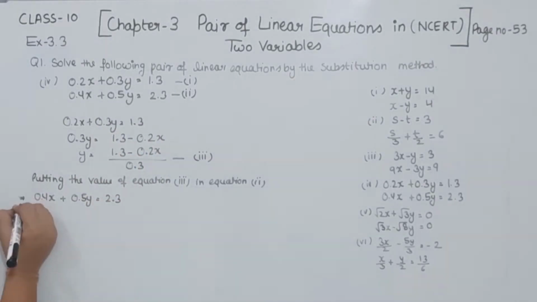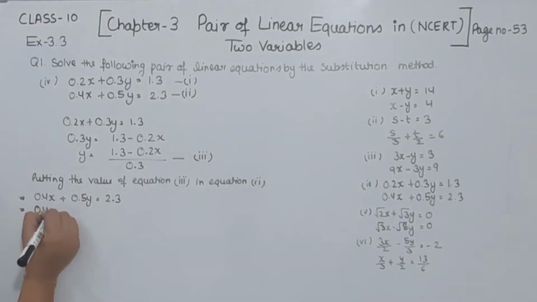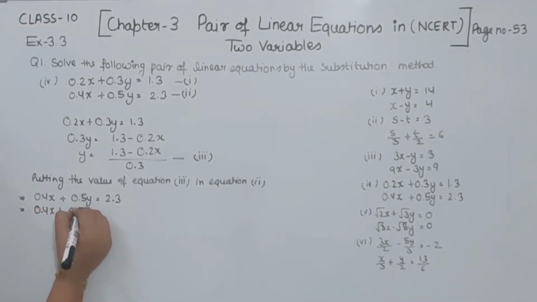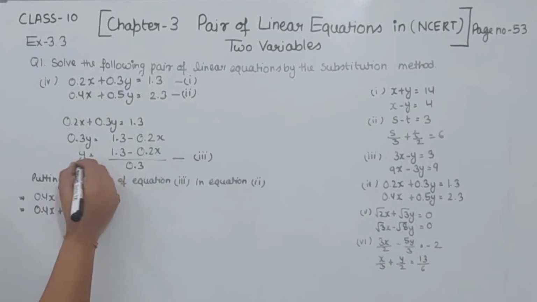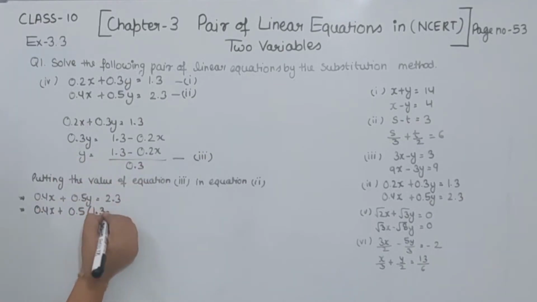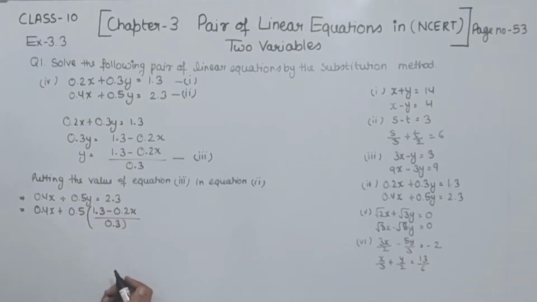Now if you put the value, we have 0.4x plus 0.5 multiplied by the value of y, which is 1.3 minus 0.2x, and in the denominator we have 0.3, and this is equal to 2.3.